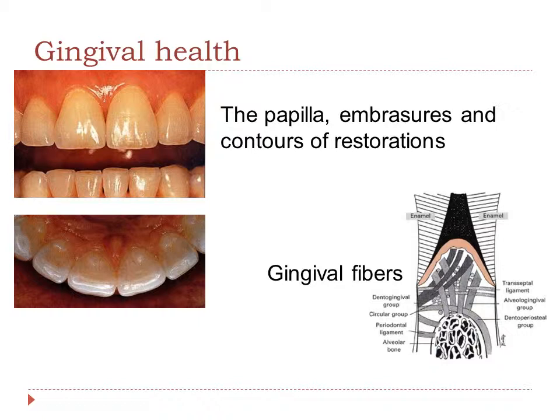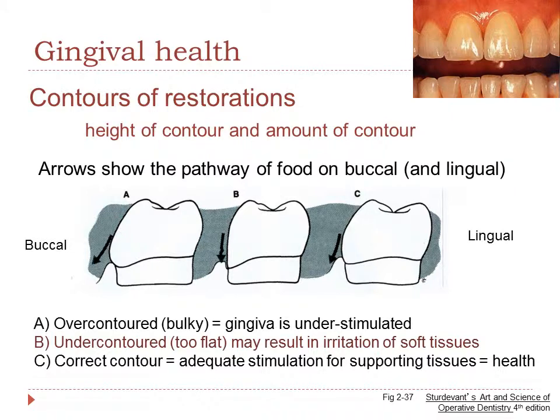Health of the gingival tissue often depends on obtaining a physiologic contour of the restoration. If we over-contour a restoration, bulky in the gingival third, the tissue can react with inflammation because it is understimulated.